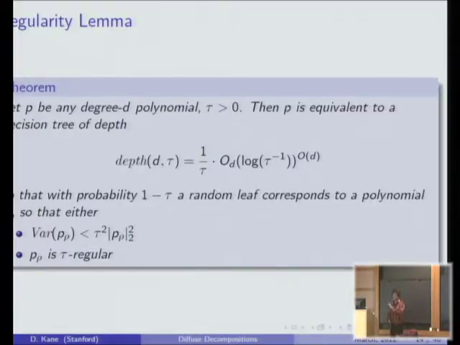What this means is that the polynomial is actually determined up to a small relative error, meaning the value of the polynomial that we get out is nearly constant. And the second case, of course, is that your polynomial is tau regular. So you restrict, and you end up with a polynomial that's either nearly constant or tau regular. This is all Bernoulli.